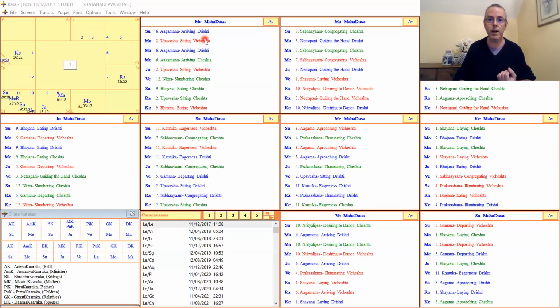So during Mars Dasha, the individual is really going to be wanting to approach relationships. So these give you a lot of interesting information that you couldn't otherwise find anywhere, right? And that's why they're really powerful. And when you add them with the nakshatra interpretation, it takes it to a whole new level, okay?